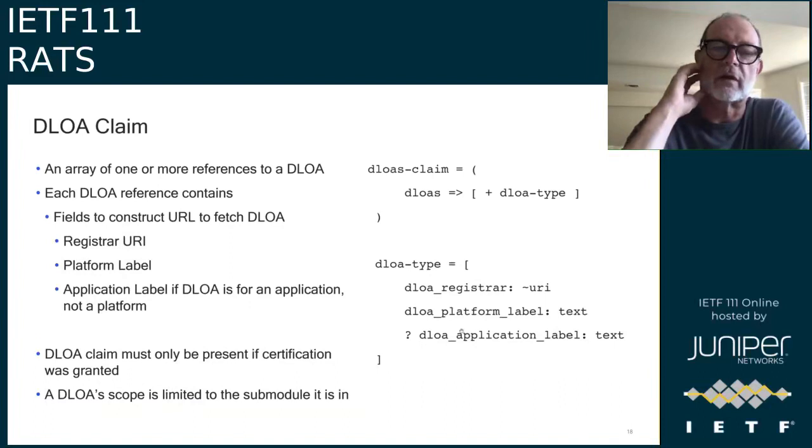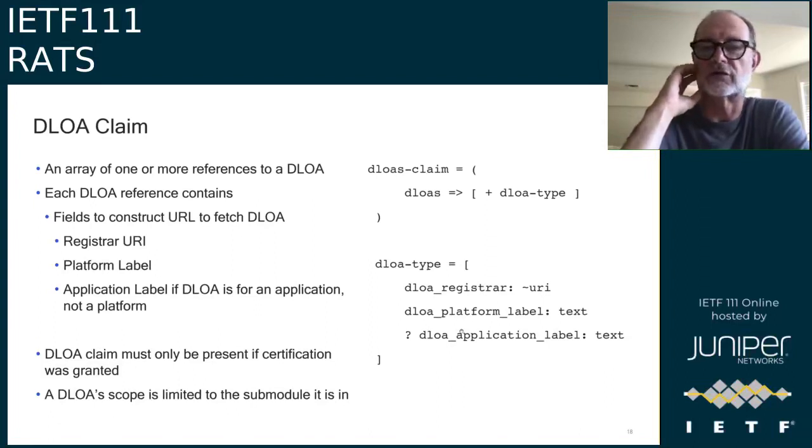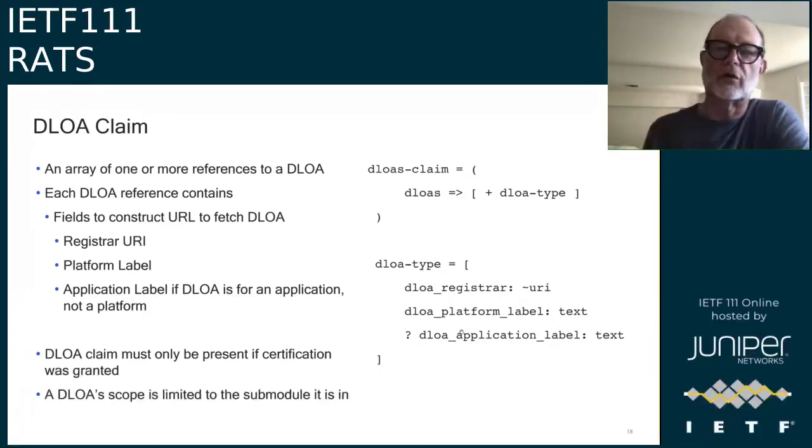I wanted to add this to EAT as it seems like an important thing to know, certifications, and a really good example of something that a verifier would know, that a relying party would want to know, but the attester does not have, and you wouldn't believe it if it came from the attester. Next slide.